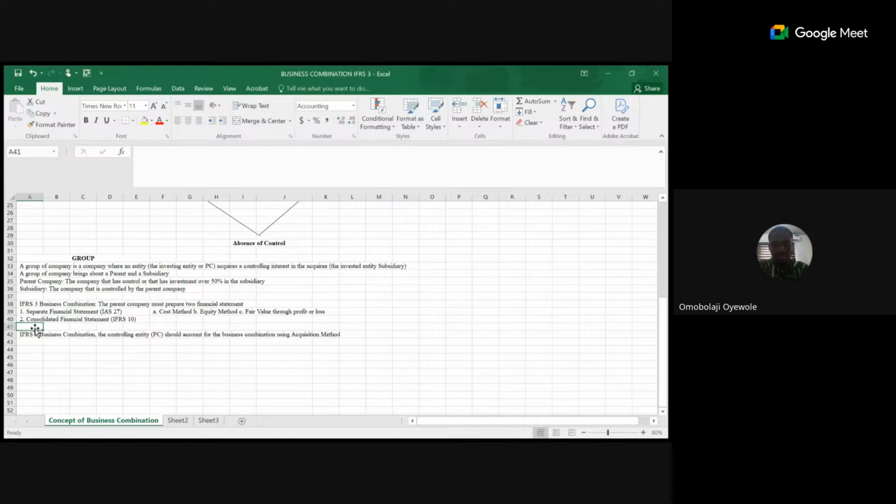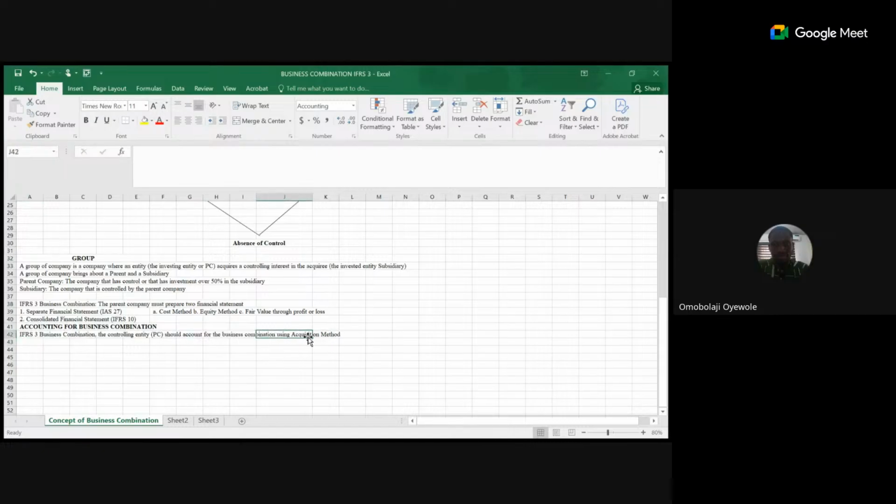Let me put the heading here: accounting for business combination. So how do we account for business combination? In accordance with IFRS 3 Business Combination, the parent company, which is the controlling entity, must account for the business combination using the acquisition method.